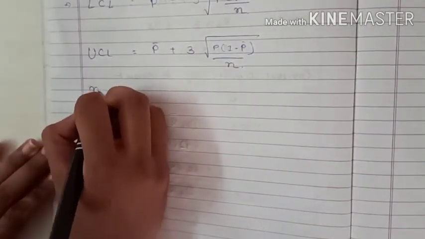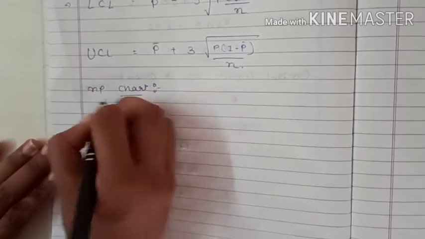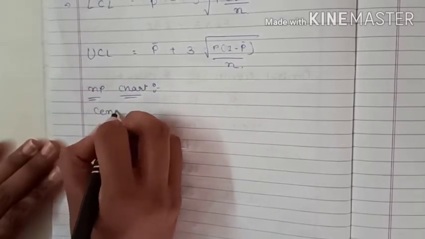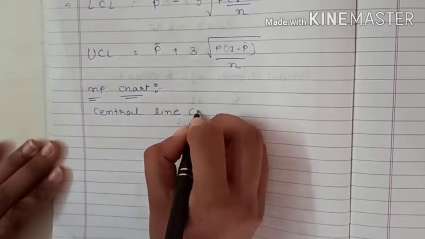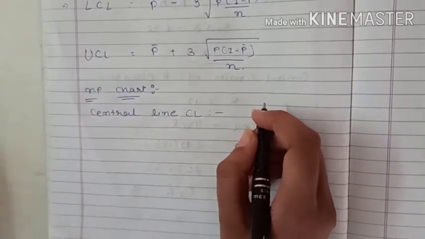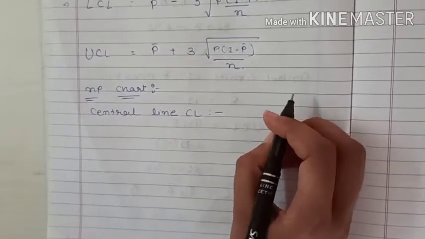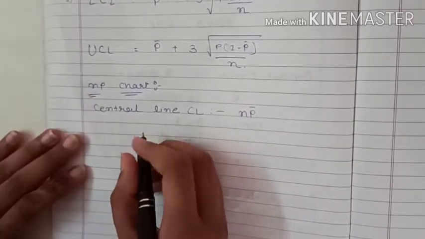Now the control limits for an NP chart. Central line CL for the NP chart is equal to NP bar.